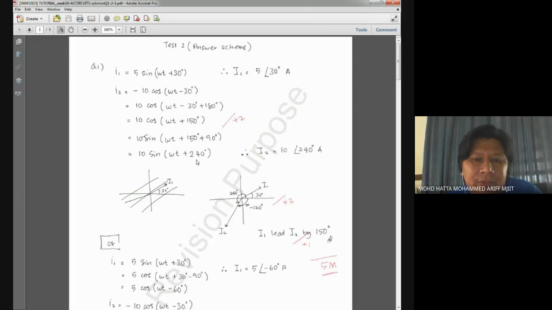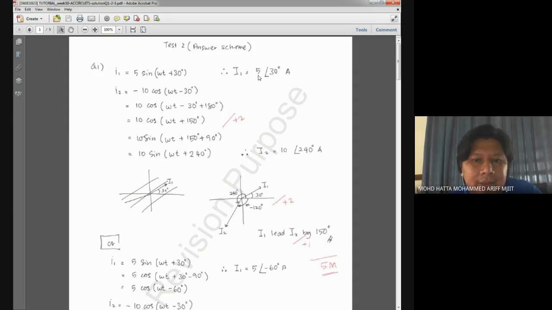And it's a very good idea if you convert this time domain equation into a frequency or phasor domain equation, as available on the right hand side of the solution. Here for I1, it will be given as 5 with the angle of 30 degrees. It's very simple.